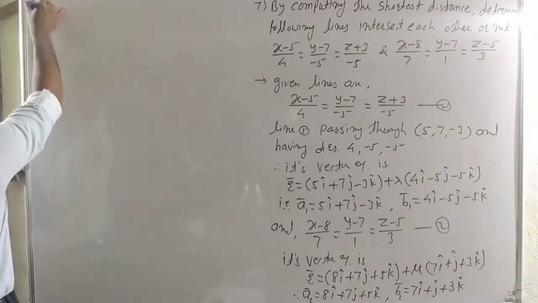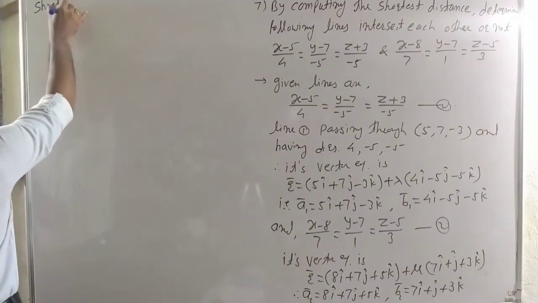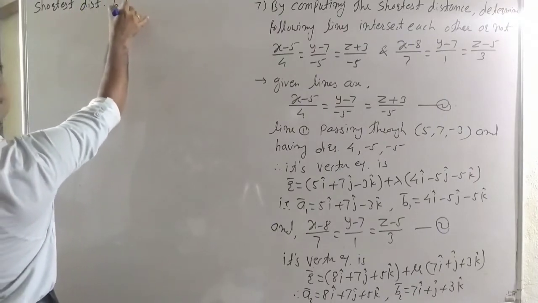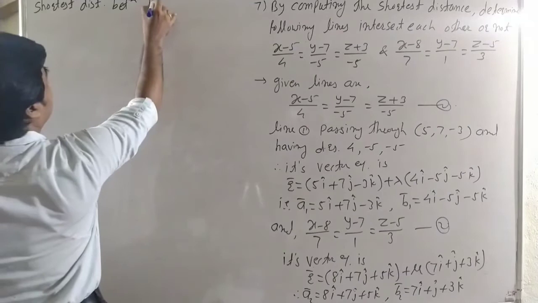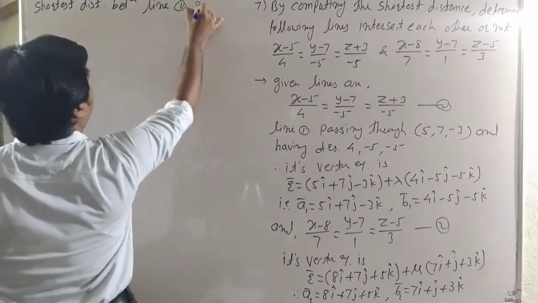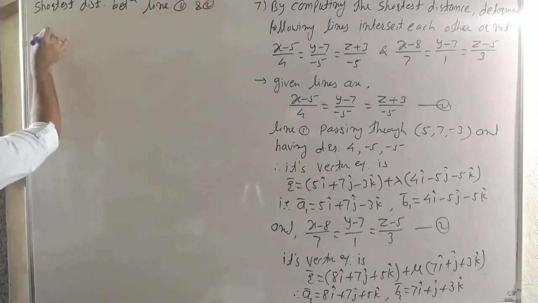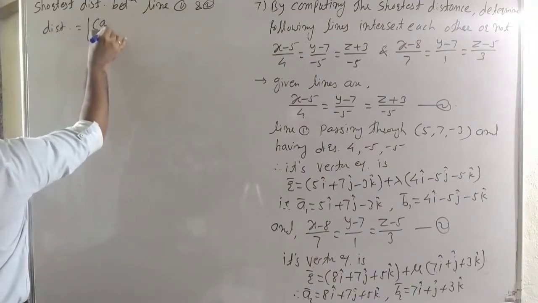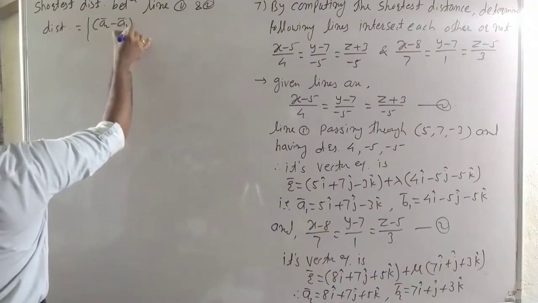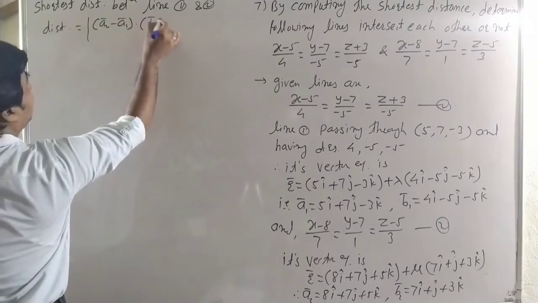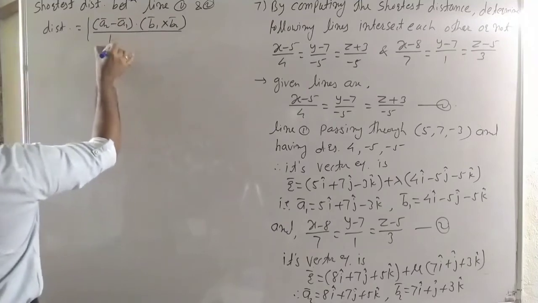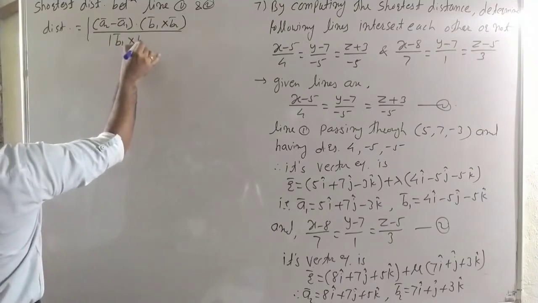Now the shortest distance between lines 1 and 2 is the distance (a2 bar minus a1 bar) dot (b1 bar cross b2 bar) upon the magnitude of b1 bar cross b2 bar.